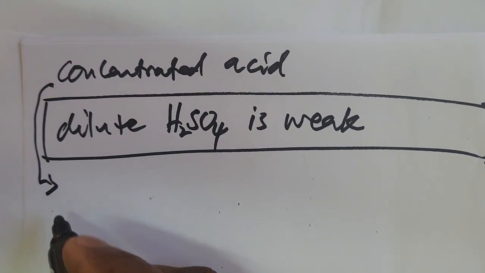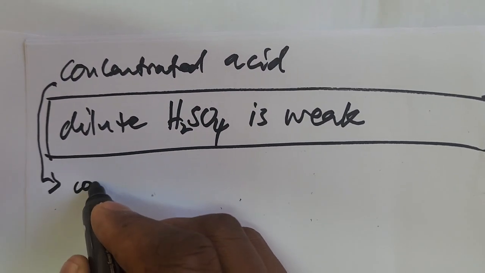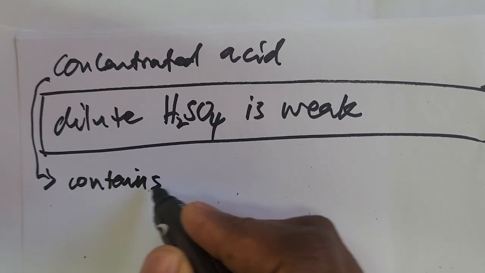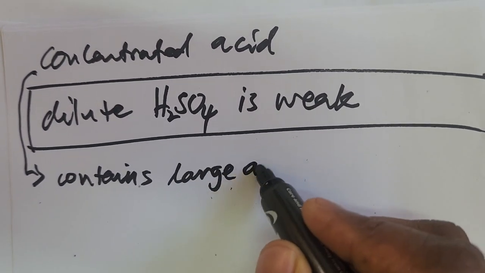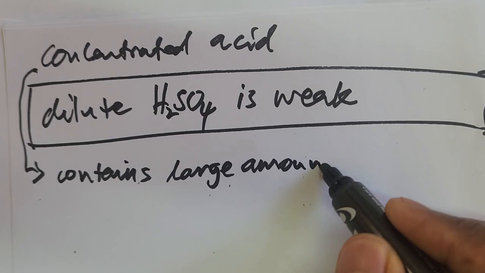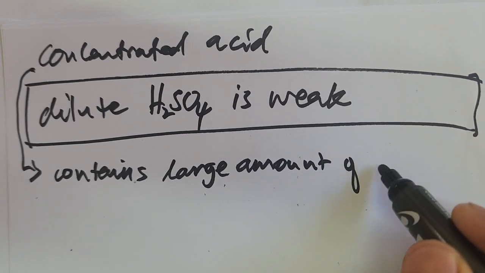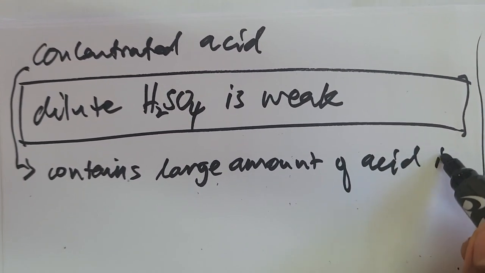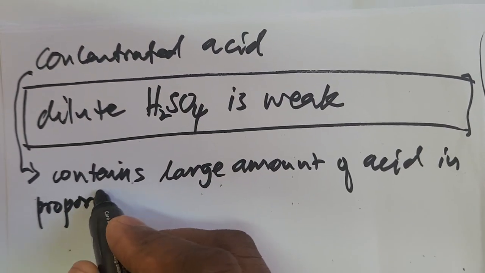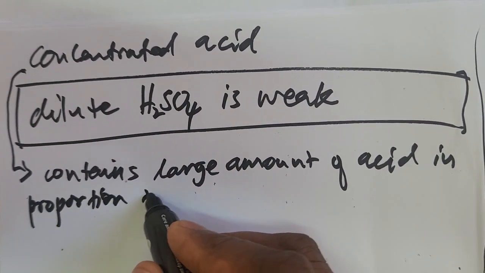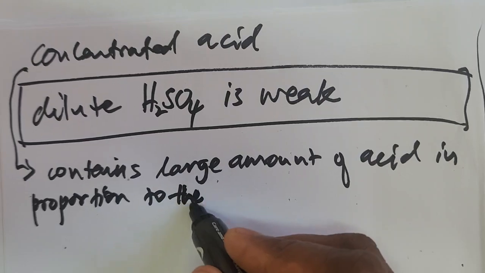By definition, a concentrated acid contains a large amount of acid in proportion to the volume of water.